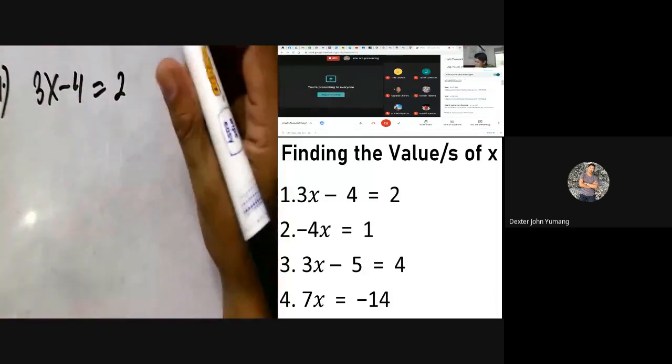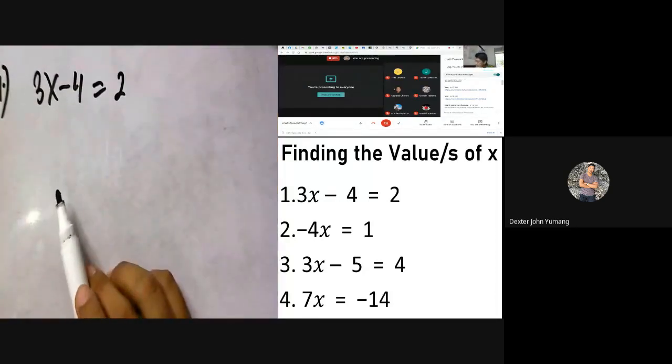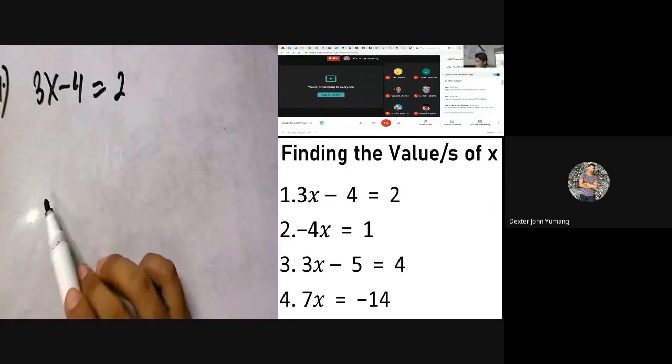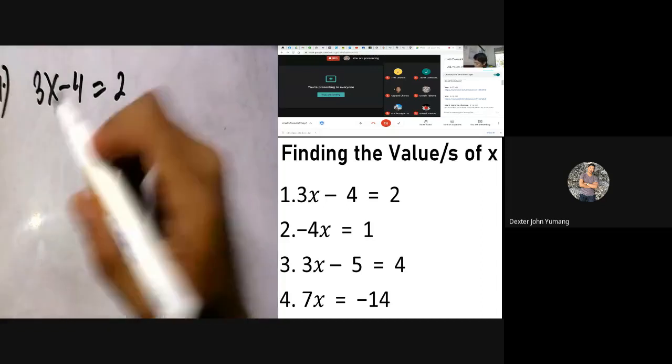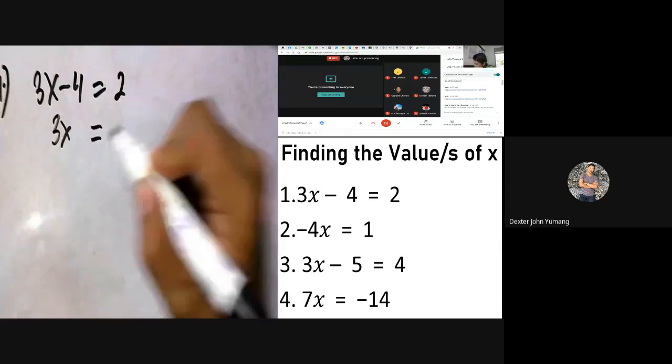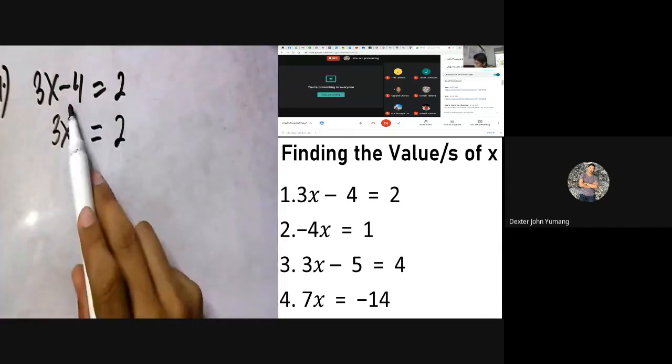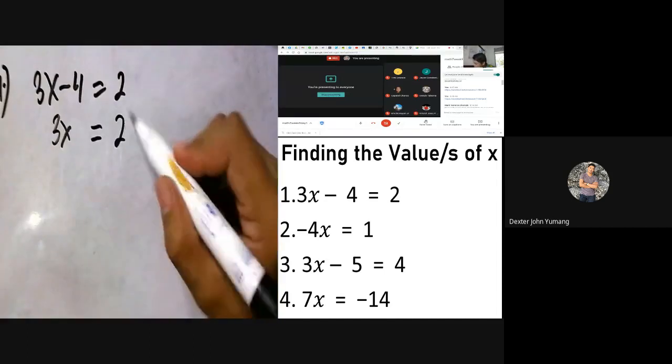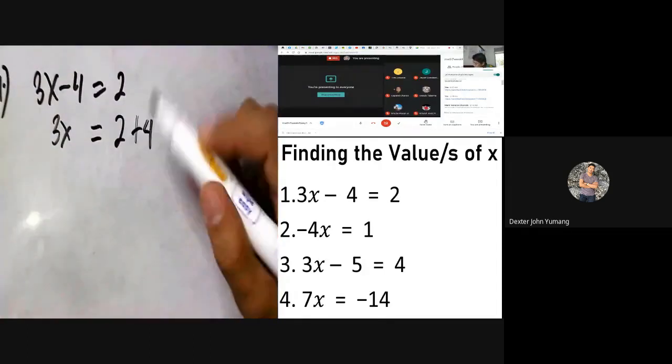In this case, all variables with x go on the left side, and all numbers alone, or constants, go on the right side. So let's move this negative 4. So 3x equals 2, and the negative 4, when moved to the other side, turns positive.